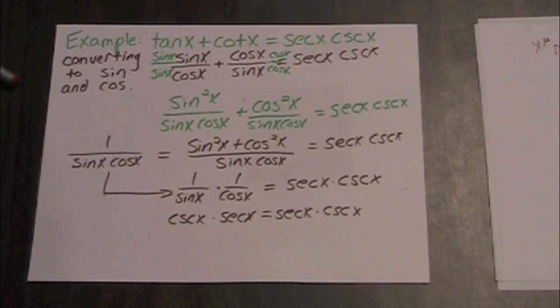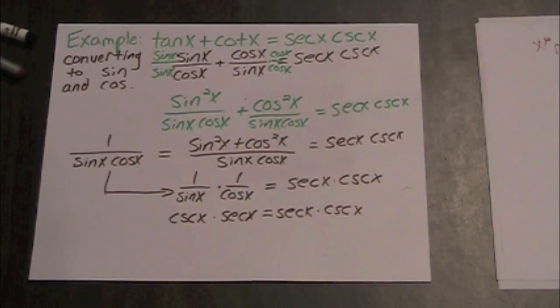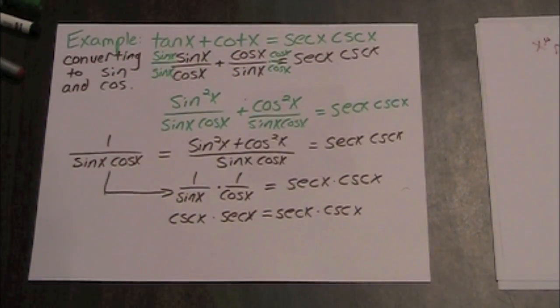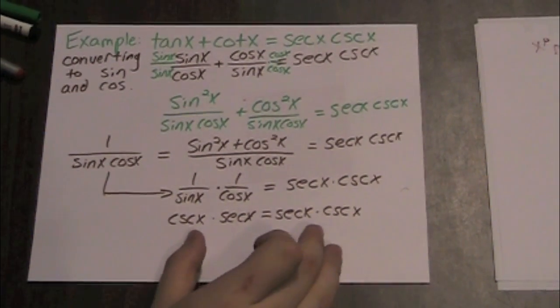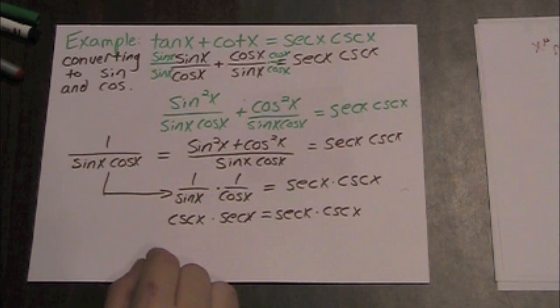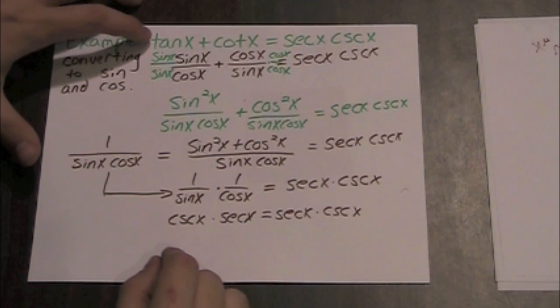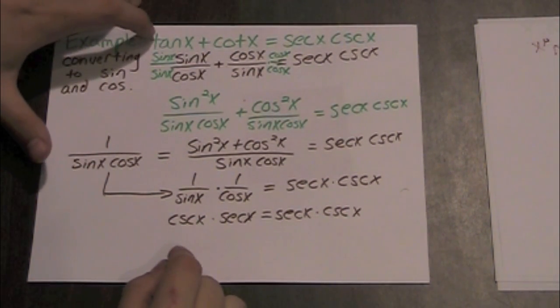From there, it's just a matter of using the commutative property of multiplication to transform the final equation and verifying the identity, showing that the initial identity is true.